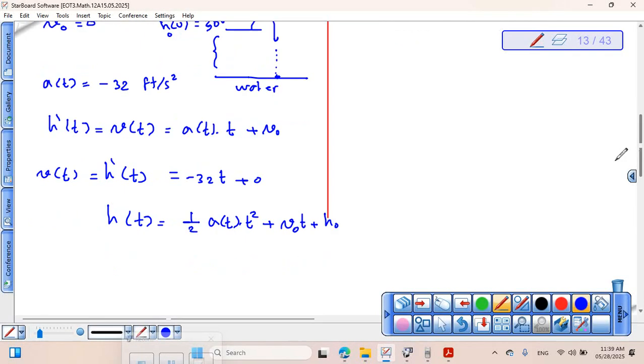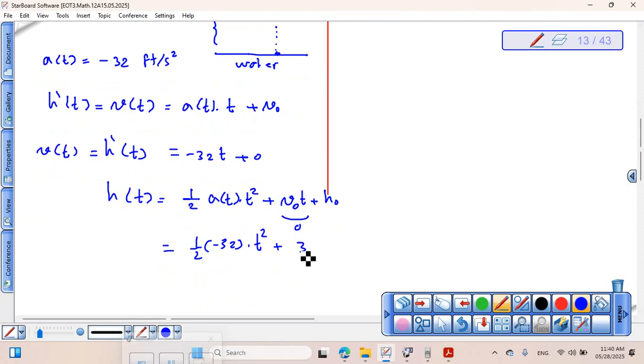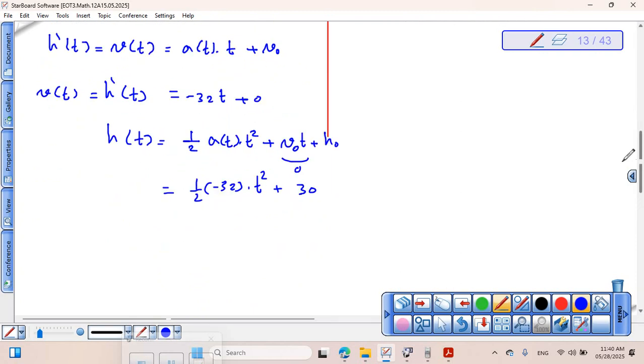Now we can write this as one half times negative 32 t squared plus v null, which is 0, plus h null. In the beginning, h null equals 30. This equals negative 16 t squared plus 30. This is the height at any time.